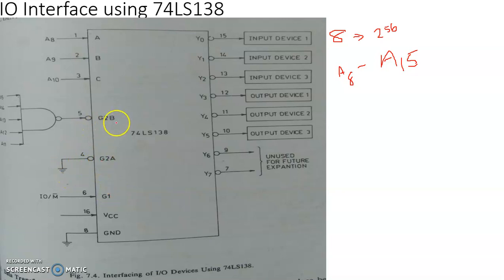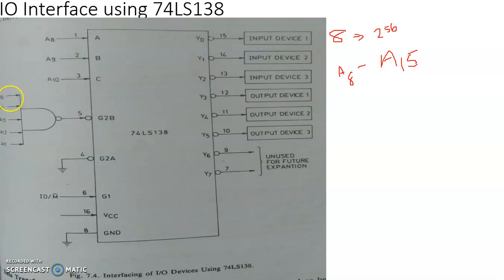And to G2B, the remaining pins of the address bus from A11 to A15 will be incorporated through a 5-input NAND gate. So to G2B, you give the output of a 5-input NAND gate. The inputs of this NAND gate are pins from A11 to A15.